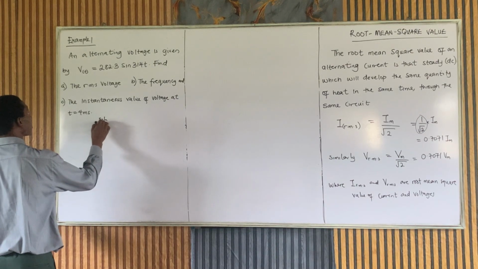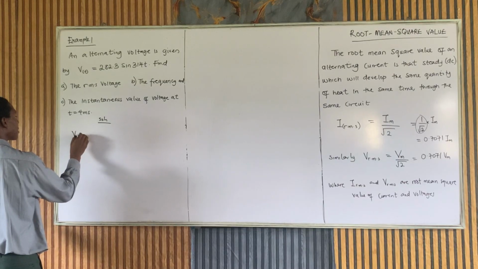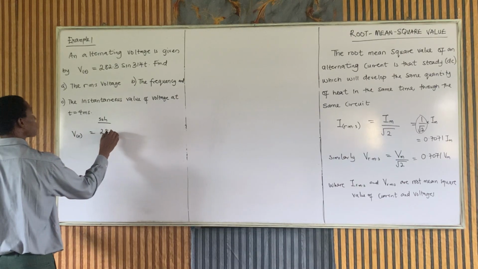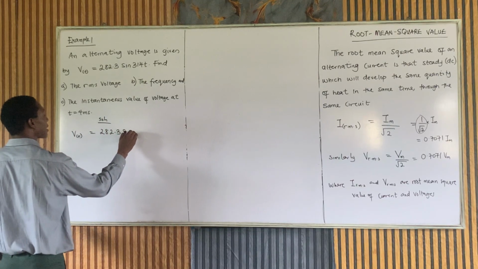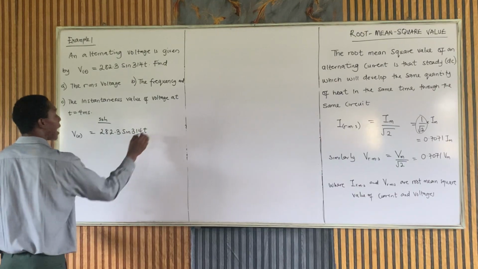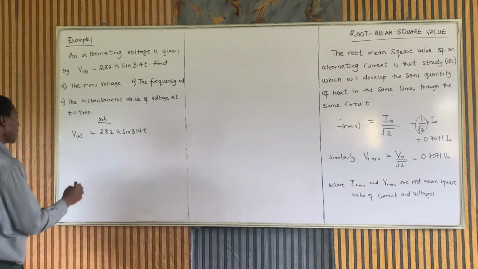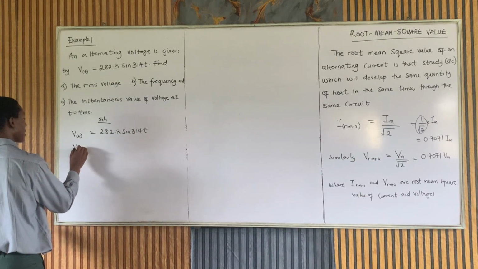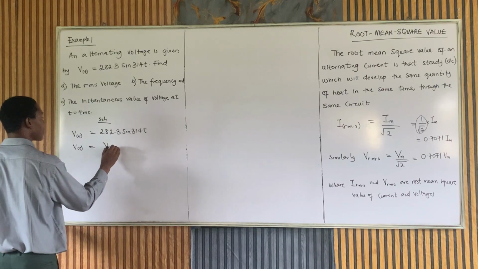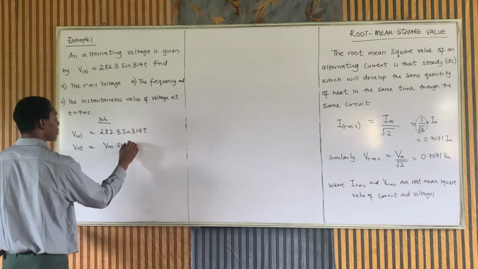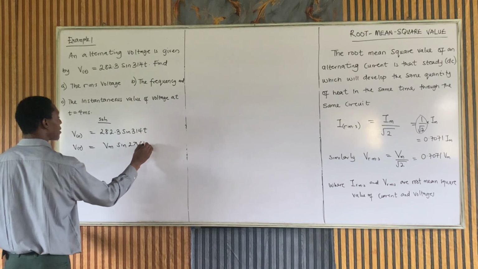Firstly, we are given that V at any time T is equal to 282.3 sine 314 T. And we know that our equation for instantaneous voltage is given as maximum voltage sine 2 pi ft.